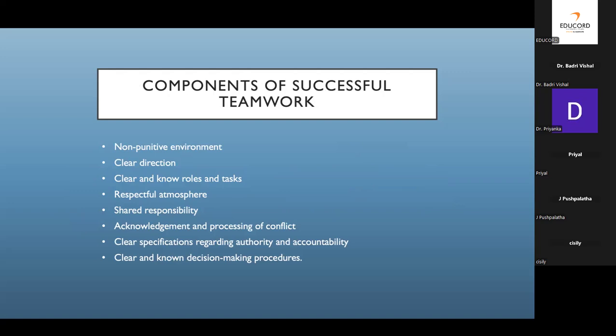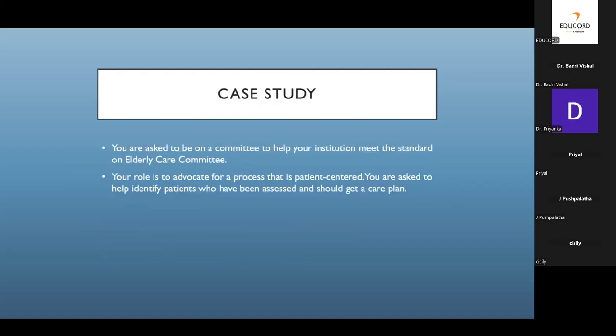When a person clearly knows all these things, the chances of disarray are quite less. Respectful atmosphere, shared responsibility, acknowledgement and processing of conflict, clear specification of authority and accountability, and clear and known decision-making procedures are the components of successful teamwork.